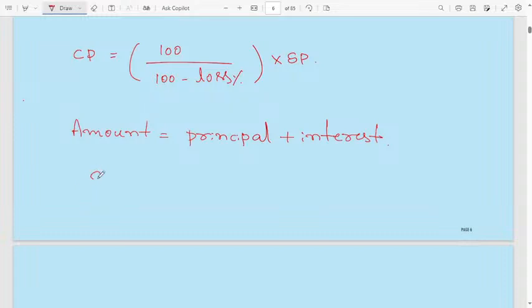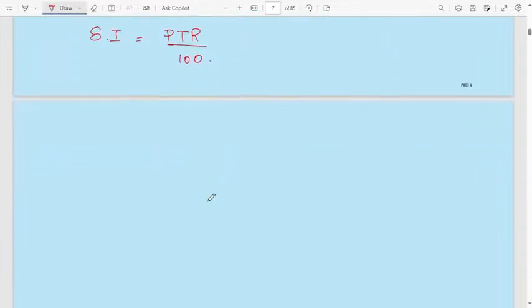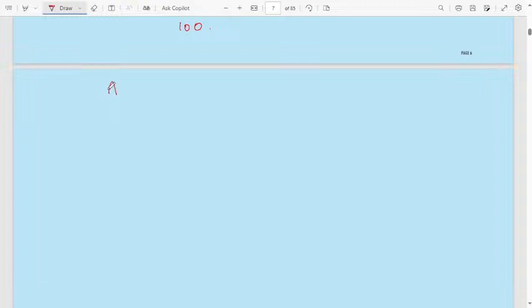Next one, simple interest, the formula is PTR divided by 100. Then amount is principal into 1 plus capital R divided by 100 whole to the power of n.